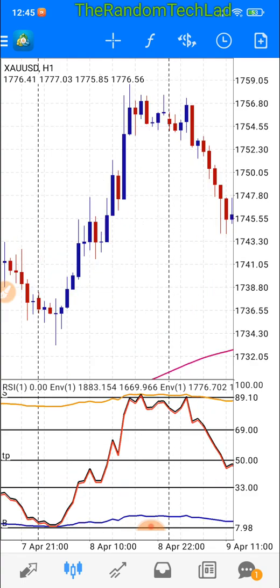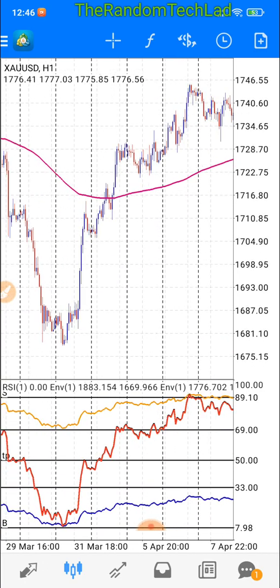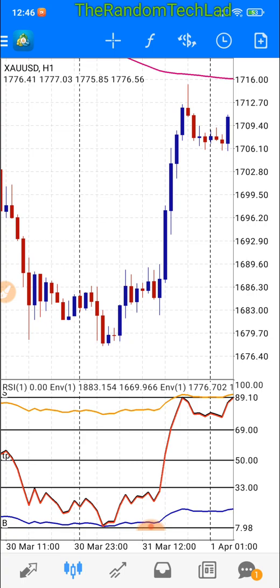So when this black line is touching the orange line at level 89.10, we look for sells or we enter sells because the market has reached a resistance level, like the ceiling of the price, so it has to come down. And we take buys when the red line, not the black line, when the red line has also touched the blue line on the envelope at a level of 7.98.